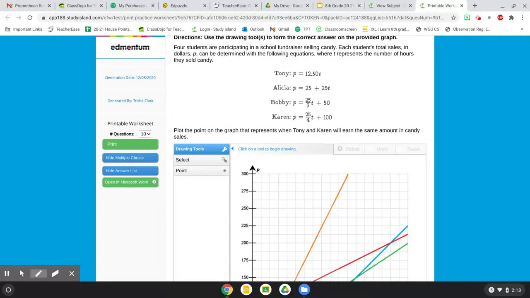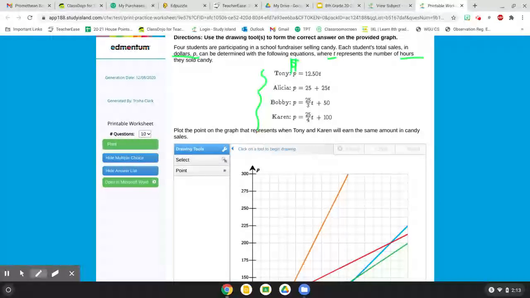So P is the number of dollars, that's talking about money here, and T stands for the number of hours, like time, that they sold candy. It gives us all these people and what equation matches up with them.